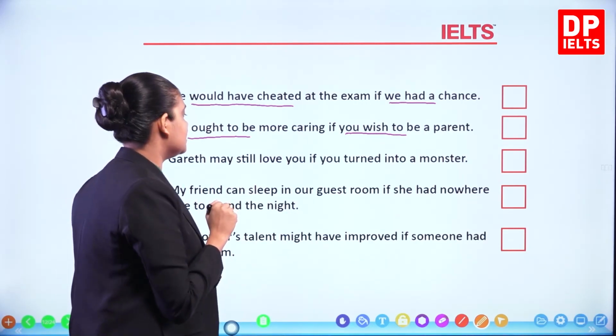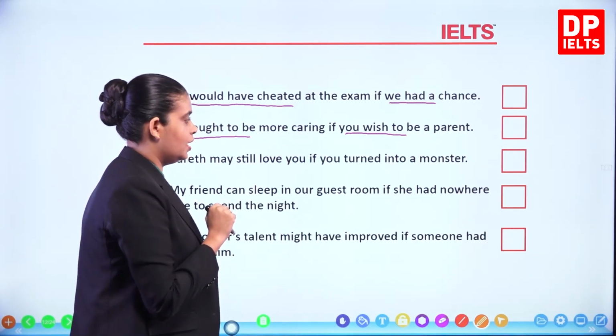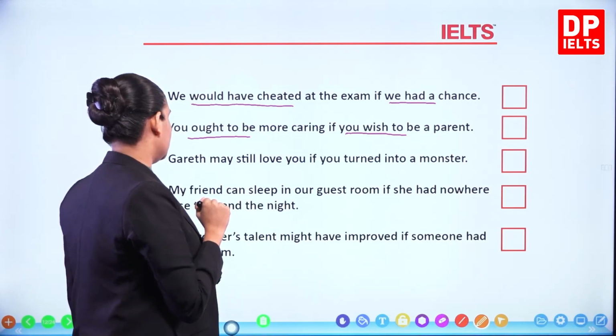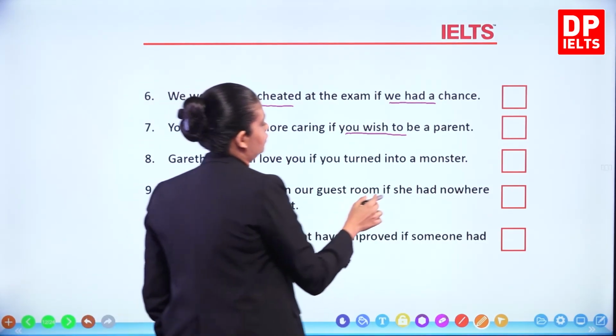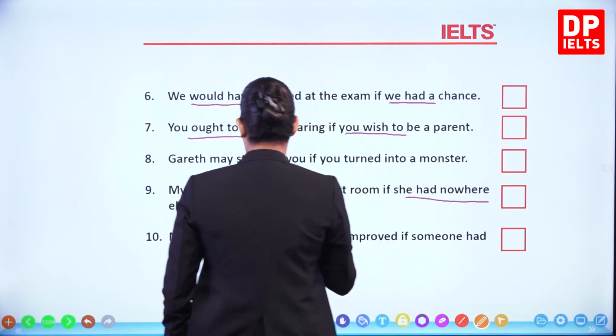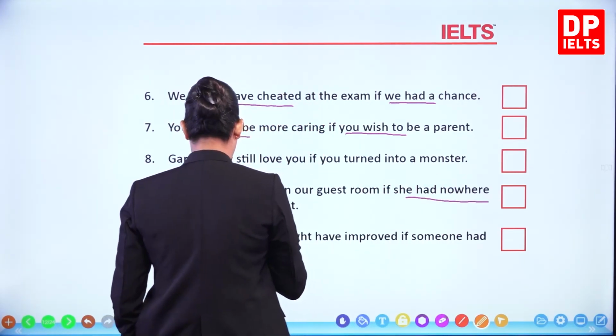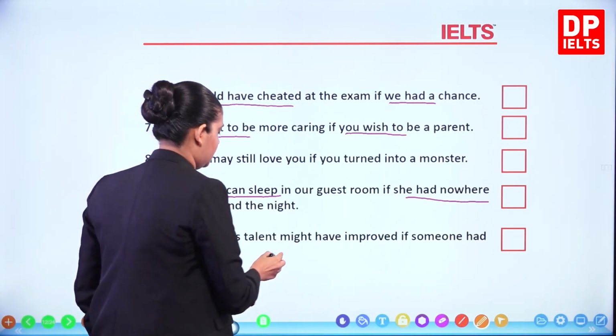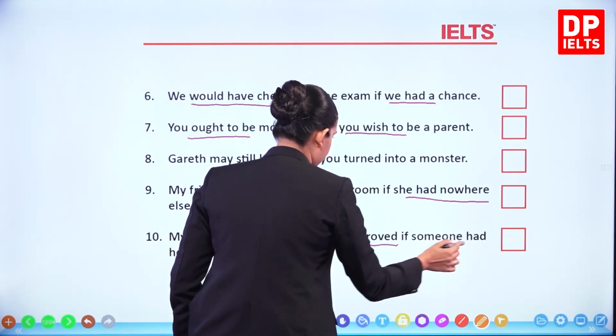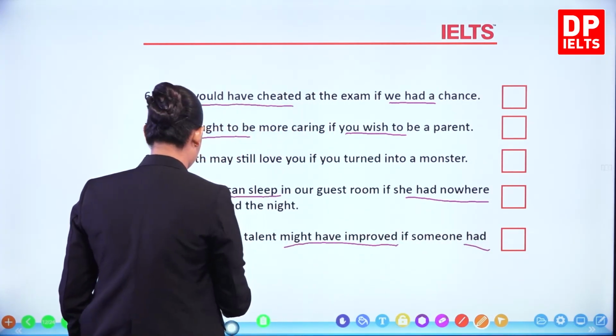My friend can sleep in our guest room if she had nowhere else to spend the night. If she had nowhere, can sleep. My brother's talent might have improved if someone had helped him.